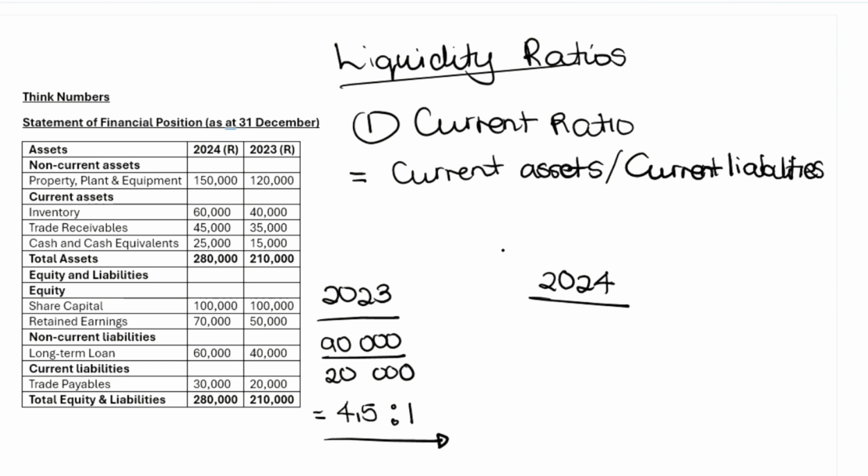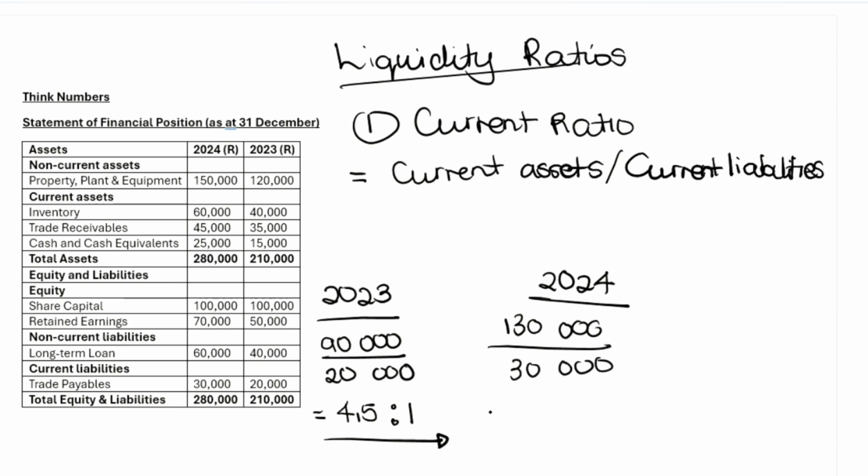Then the next one we're going to look at is our 2024 ratio. For current assets, 60,000 plus 45,000 plus 25,000 gives a total of 130,000 rands of current assets, where my current liabilities was only my trade payables at 30,000.